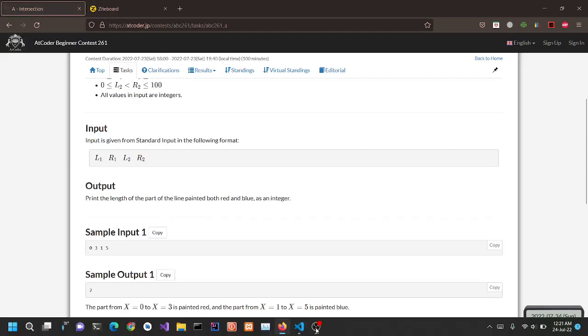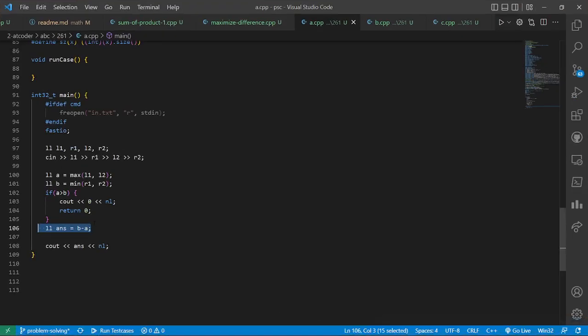So if we see my code, here I'm given the starting and ending points of the two ranges L1, R1, L2 and R2. Here I have found the maximum of the starting points of the two ranges, A, and I have got B, the minimum of the ending points of the two ranges.